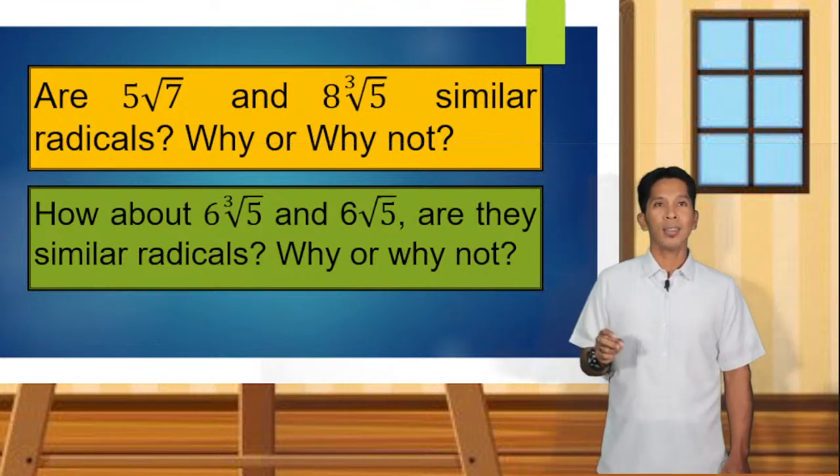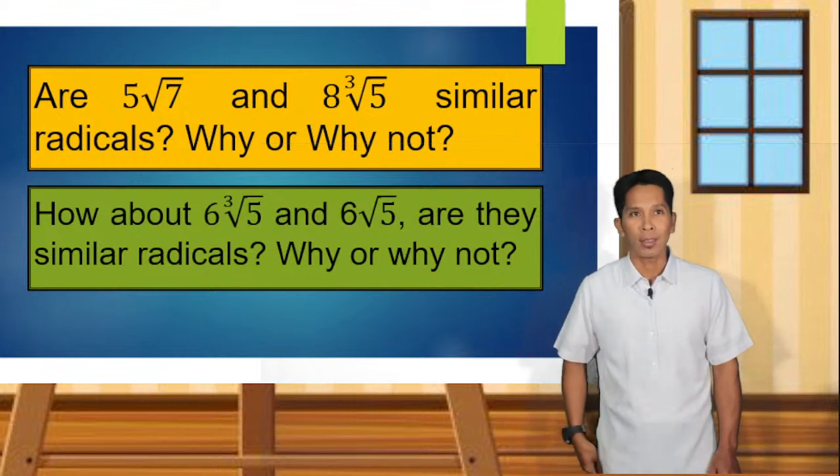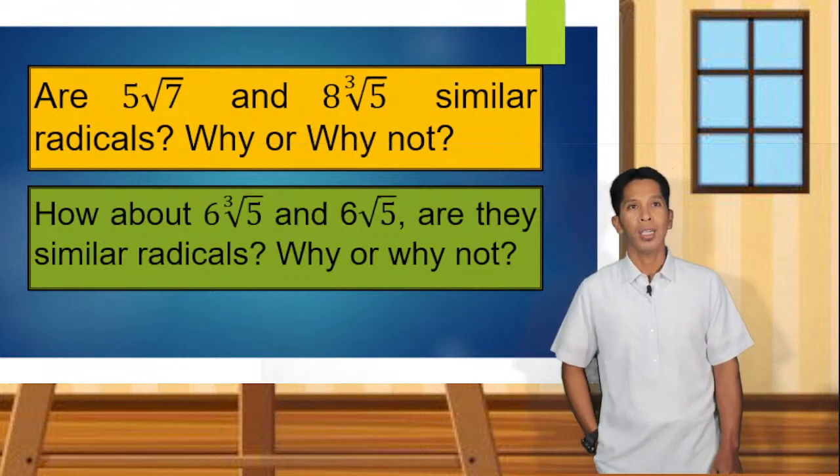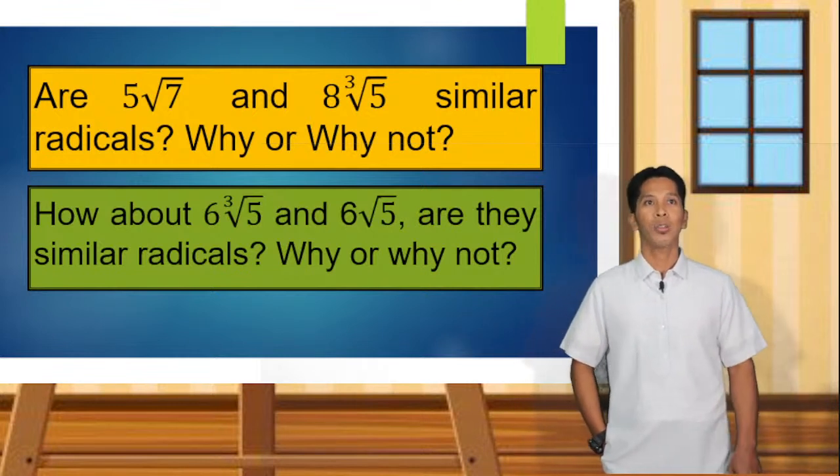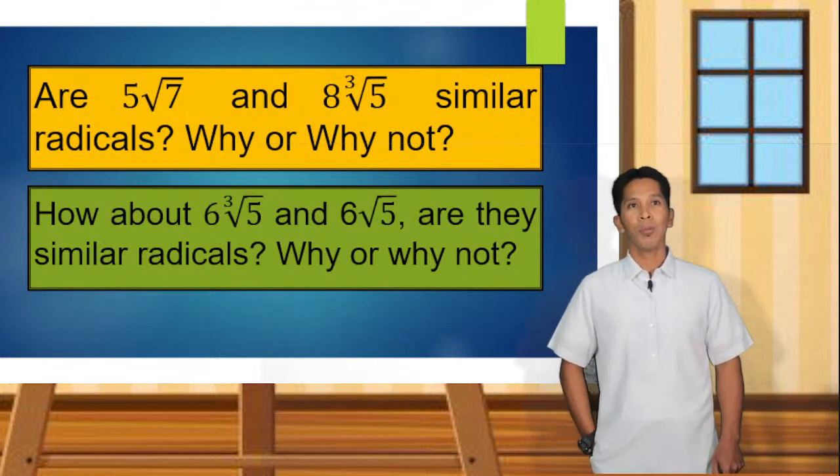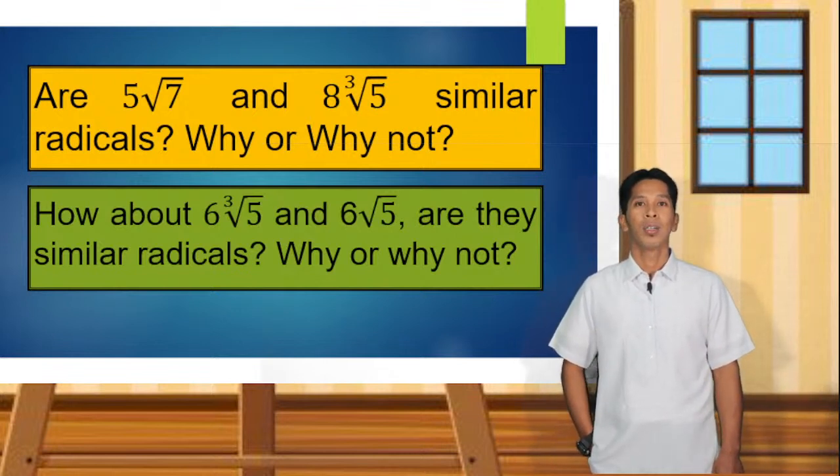In this case, we only have the same radicands, and the indices are not the same. So therefore, what kind of radicals are these? Correct, they are not similar radicals.